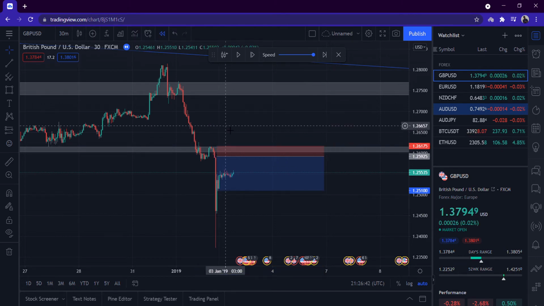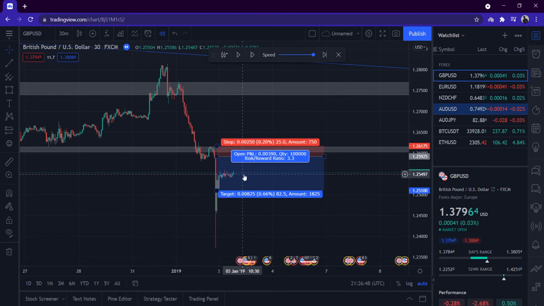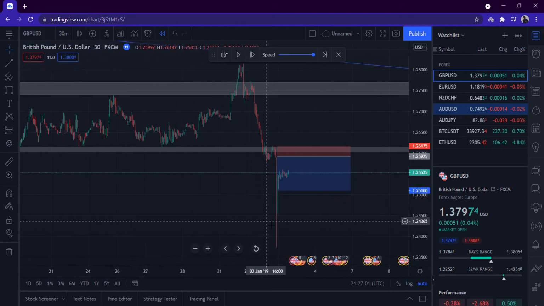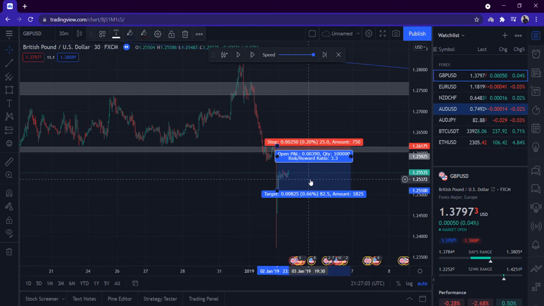I always trade with a stop loss of 25, 20, 15 and 10 pips. Then I always make sure my risk reward ratios are 1 to 2 or greater than 2, usually greater than 2. So this is what I would have done, but I didn't see that, so let's move on.